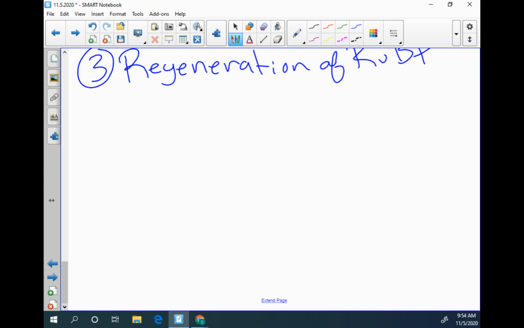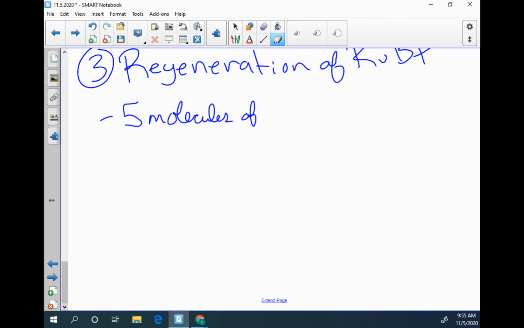So we have 5 molecules of G3P. Sorry, I don't know why I keep getting those switched around. G3P. Glyceraldehyde 3-phosphate. Because we lost one. One of those we can use. We got 5 left. And those carbon skeletons are going to rearrange.